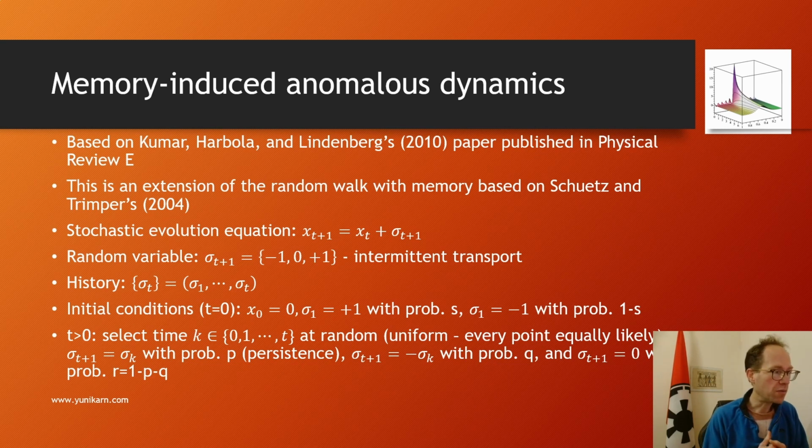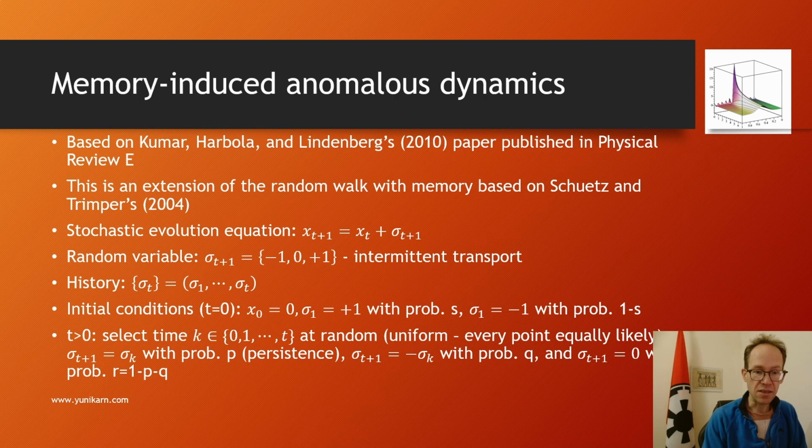The history of realizations of this random variable is again captured in this tuple or list. So basically all past realizations are covered in the history. Again, initial conditions apply, so initially we are maybe at 0, but we can modify this.